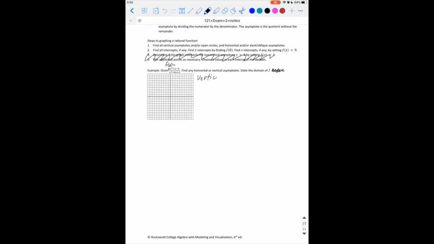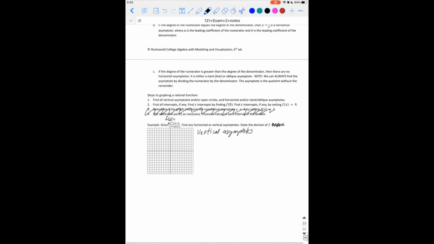Okay, so vertical asymptotes. Reading back up here. Let me erase. So to find a vertical asymptote, set the denominator equal to 0 and solve.